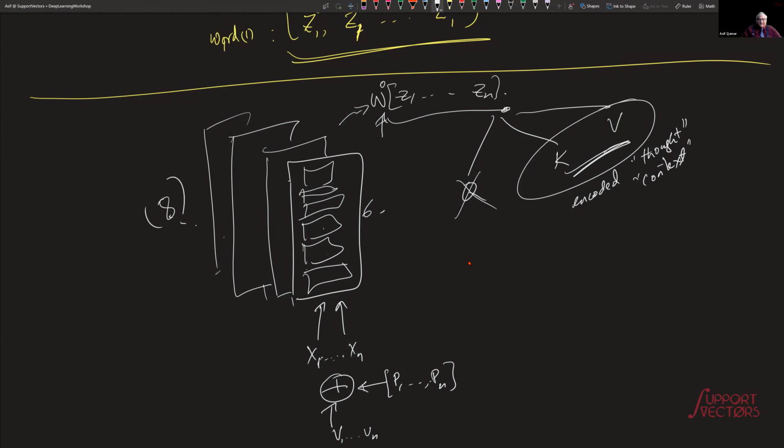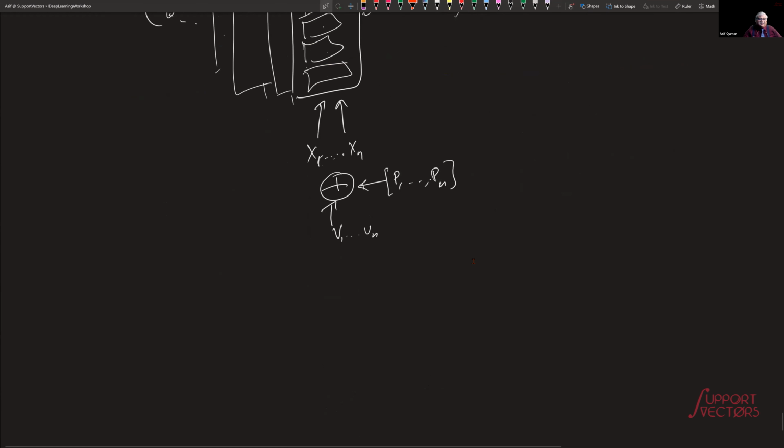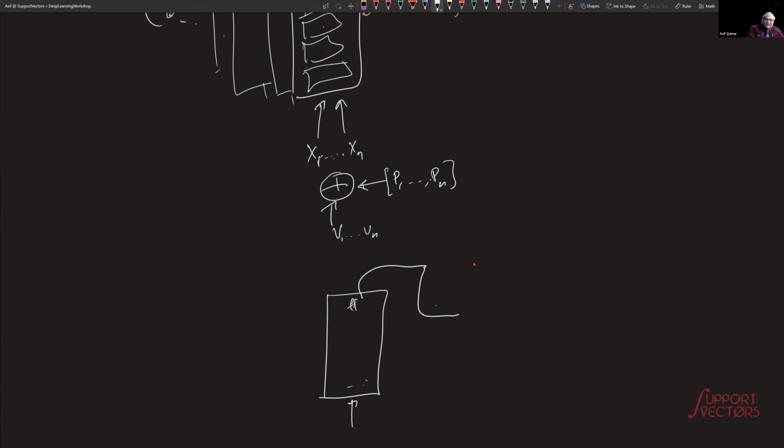So you have the encoder. Now I'll write this encoder here, and I'll be a little bit sloppy, so some of the arrows may be sloppy. There are a few feed forwards, etc. You take the K and the V that come out, and you feed them into another layer, which is a decoder.